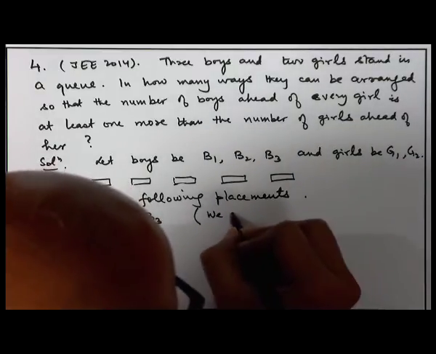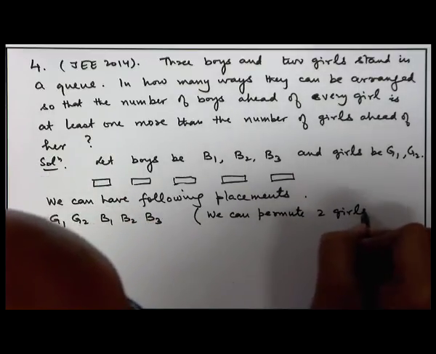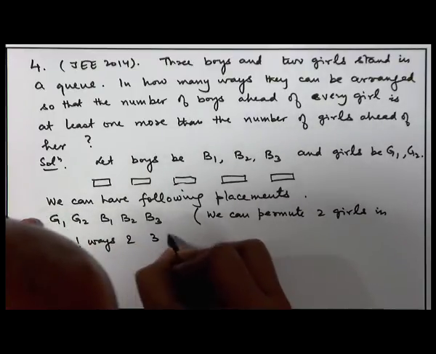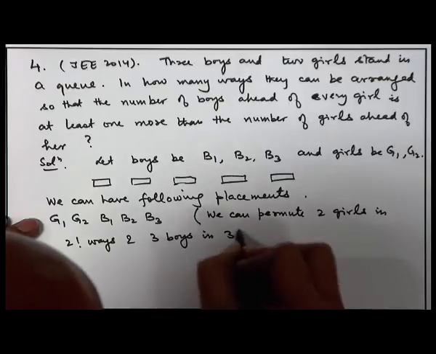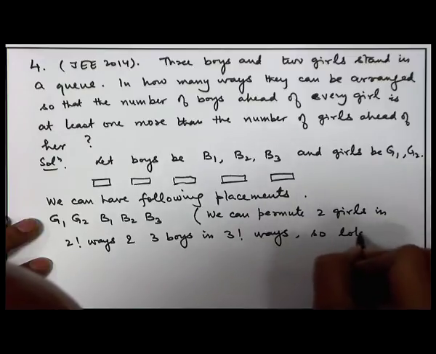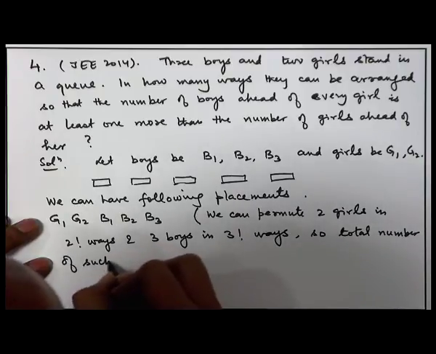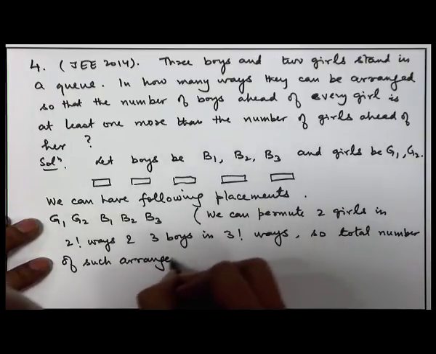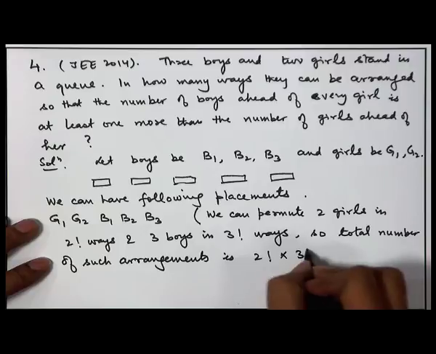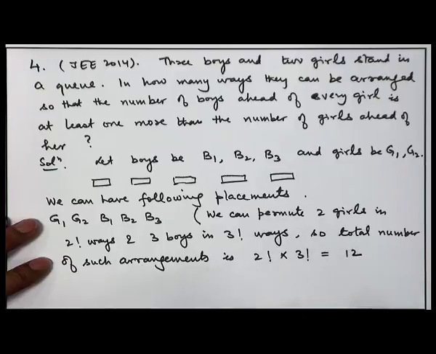So, the total number of such arrangements is 2 factorial into 3 factorial. We have applied the multiplication principle. So, this is 2 into 6, that is 12.